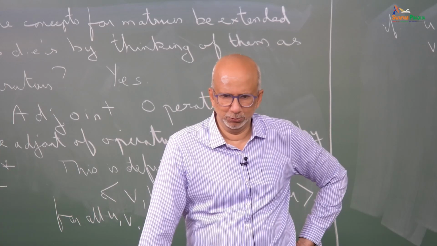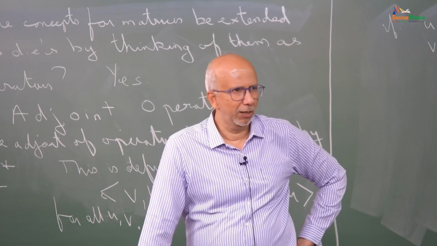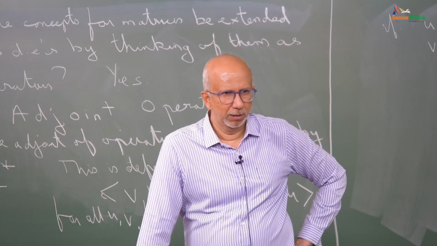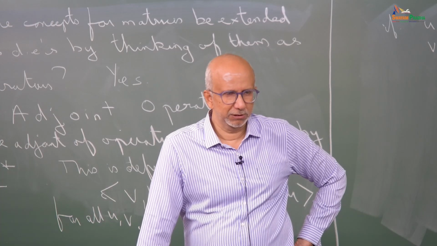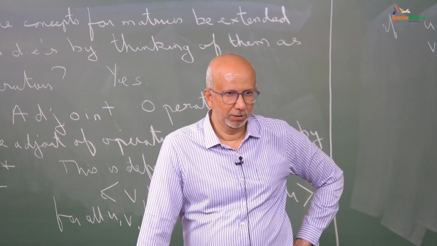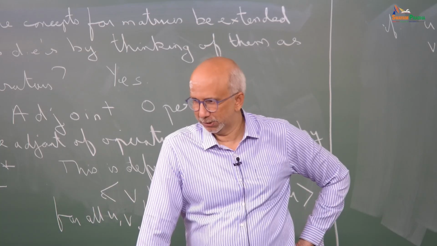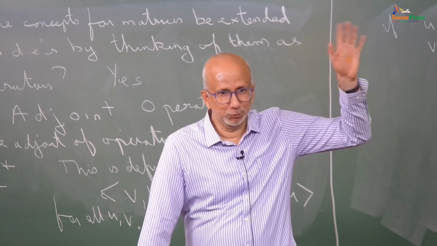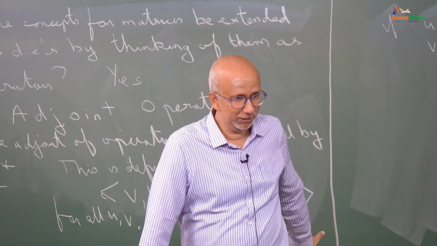I want to make it very clear that that adjoint is different from this adjoint. As far as this course is concerned, that adjoint is useless. Only this adjoint is what you have to think.